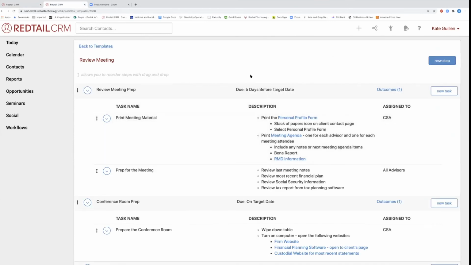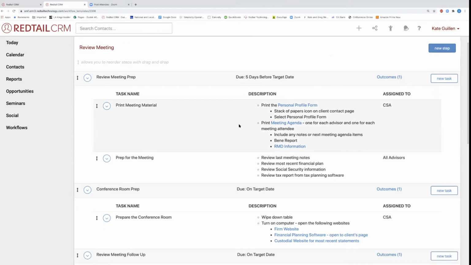Redtail has us all figured out, and they have given us the capability to embed live links to things in our server, and live links to the TD Ameritrade website. So if I'm the new CSA on the team and I get the task that says print the meeting material, I've got here: you go to the stack of papers icon on the client's contact page, you select personal profile form, and you print it out.